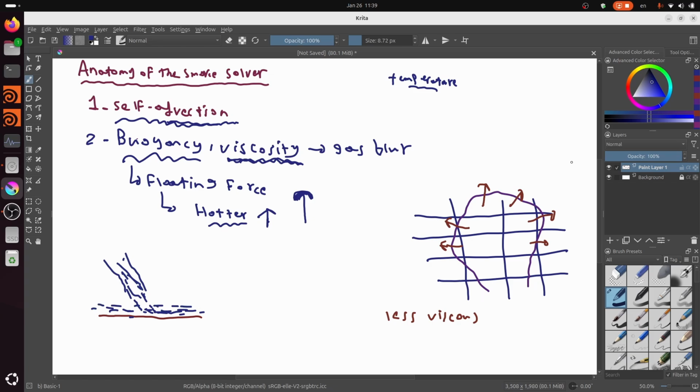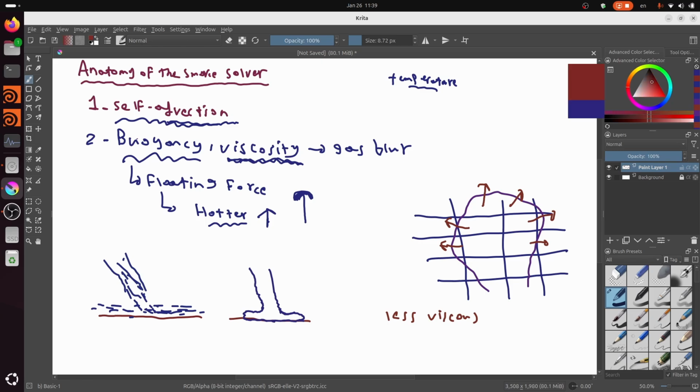But if you, on the other hand, have some honey that hits the surface, it is not going to spread, it's going to get more rigid and clumped, and it's going to be more viscous.